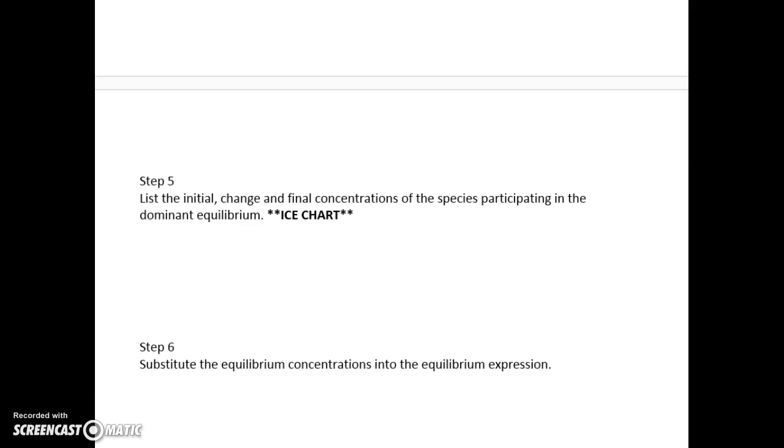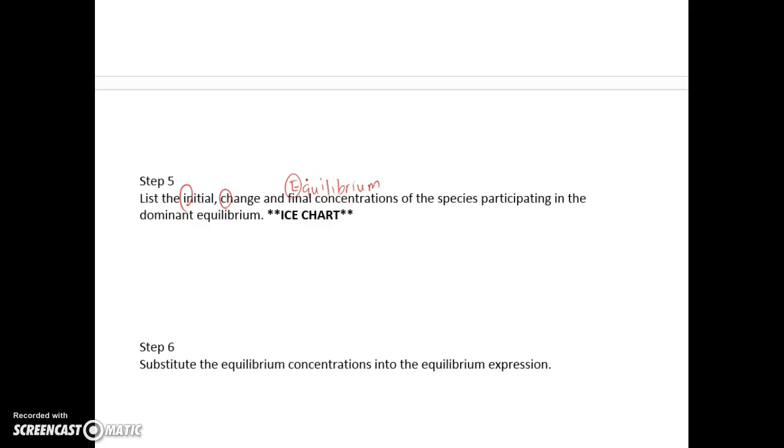So step 5 says to list the initial, change, and final concentrations of the species participating in the dominant equilibrium. In other words, make an ICE chart. Okay? ICE stands for initial, change, and equilibrium, which gives us the E, but it is the final concentration, or the equilibrium concentration.